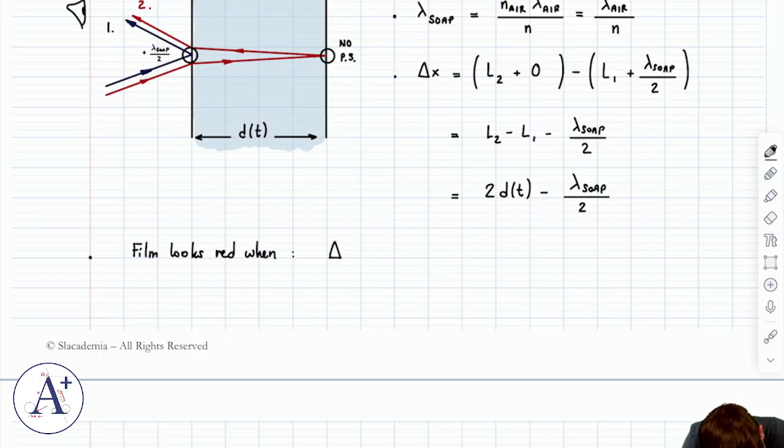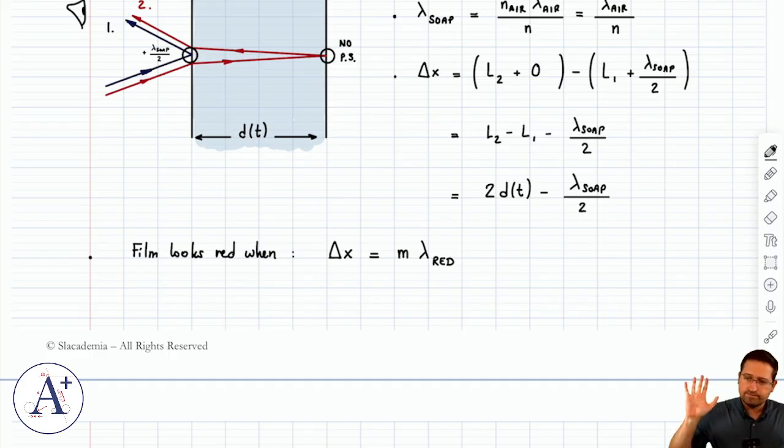When delta x is equal to m times lambda red. Because if delta x is m lambda, then that's constructive interference. And so then it would make sense to see the film a certain color. Let's call it red. Now here's where you have to be careful.